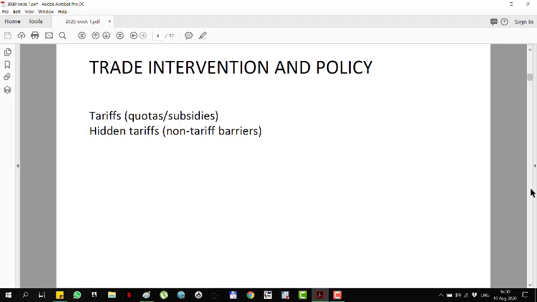So you might not charge another country a high tariff, but you make the process for them to bring a product into your country very, very, very difficult. You subtly use these things to enhance your country's trade with other countries, but then you hamper other countries' trade. But a lot of countries know of this, so there's always this concept of retaliation.